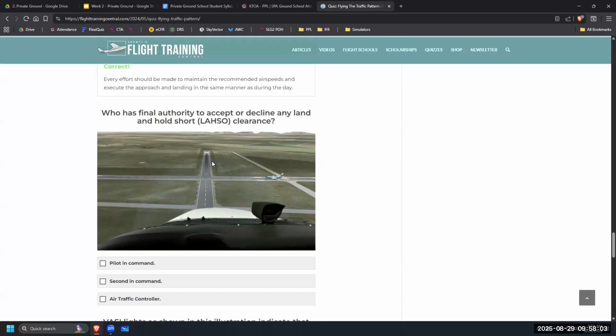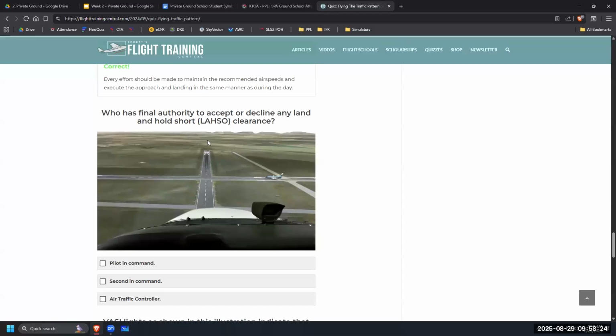And intersecting runways, like in this picture, have hold short lines on the runways that they want you to stop at, and then they'll have landing traffic. You'll stop on the runway and they'll have landing traffic land on the opposite, intersecting runway in front of you. So yeah, scary, right? You don't want to do that.